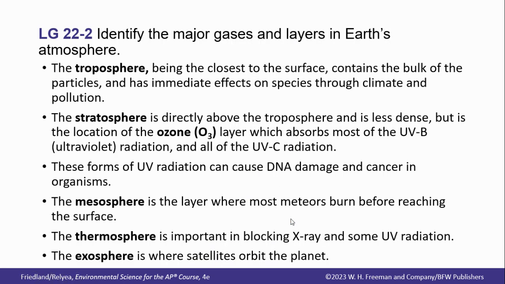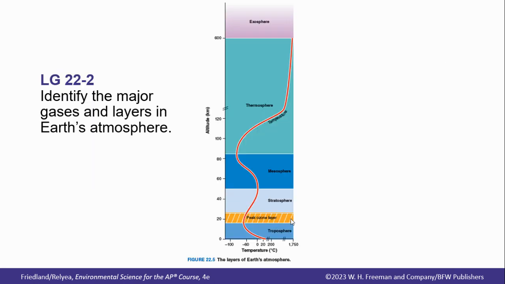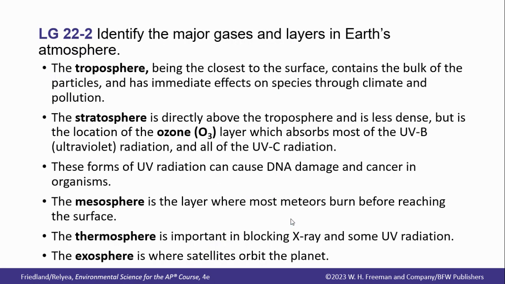So the troposphere, being the closest to the surface, contains the bulk of our particles and has an immediate effect on species through climate and pollution. Again, that's the area at the bottom. The stratosphere is directly above the troposphere and is less dense, but it's the location of the ozone, or O3 layer, which absorbs most of the UVB, or ultraviolet radiation, and all of the UVC radiation.